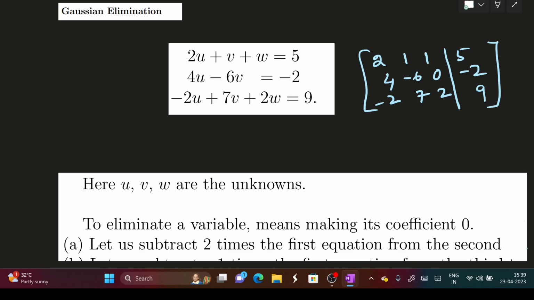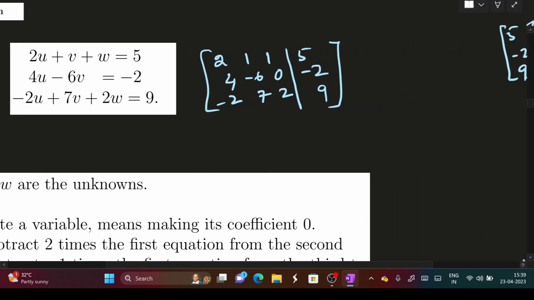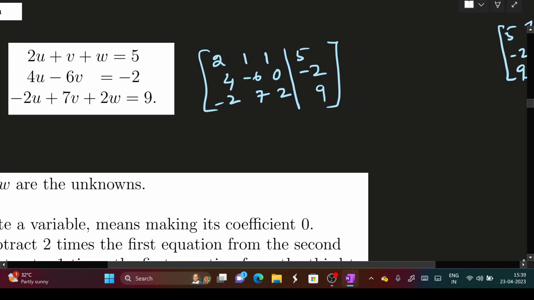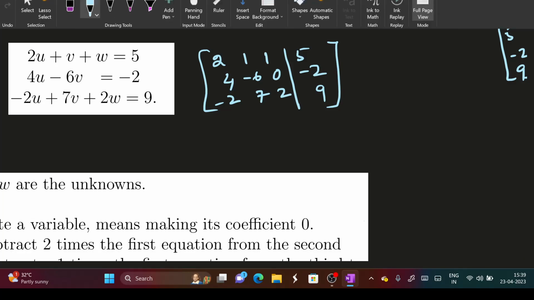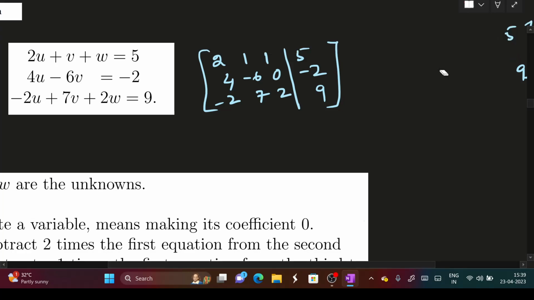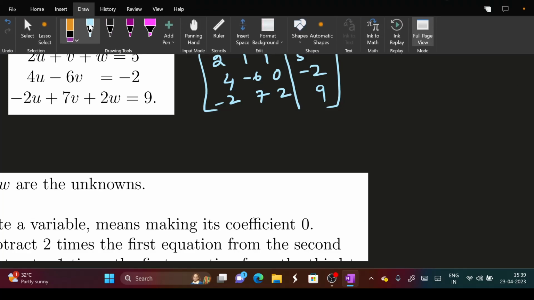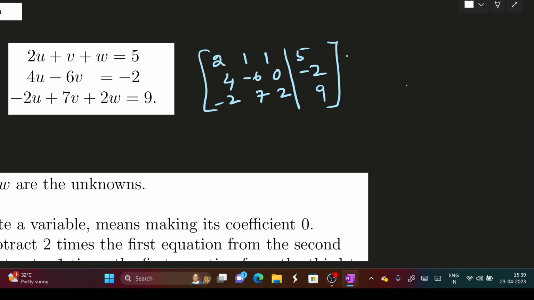Here, what operation am I doing on this matrix? I am doing two operations.